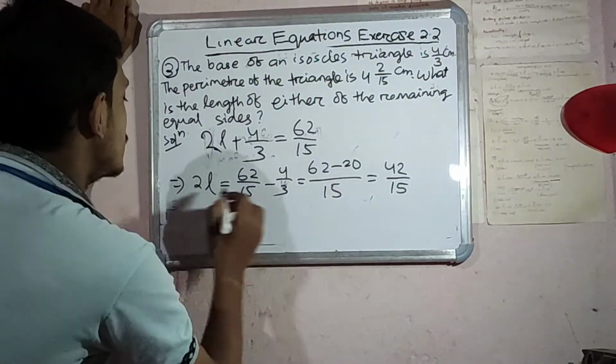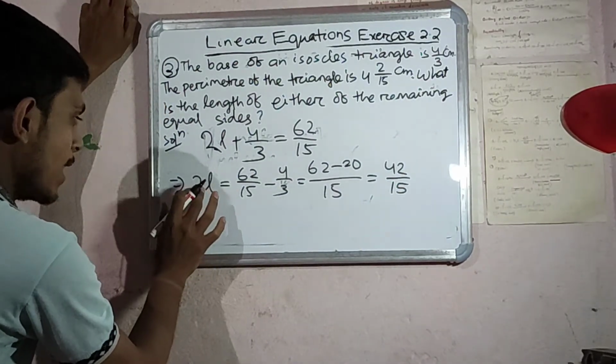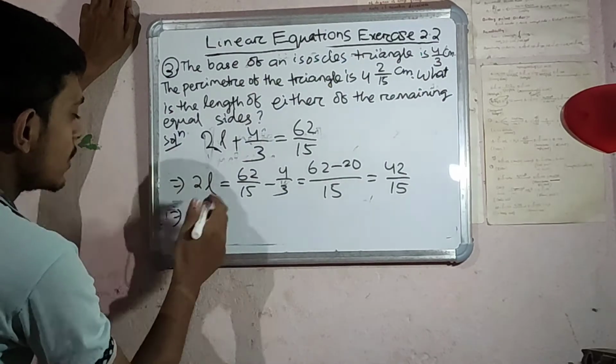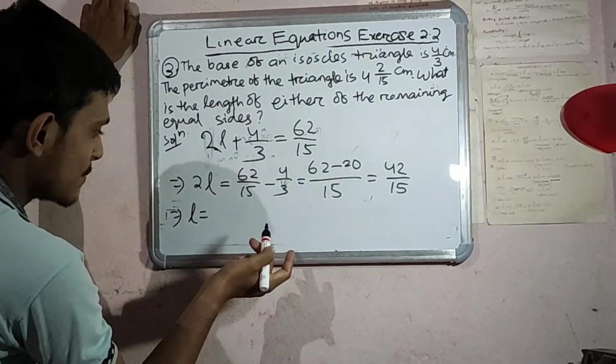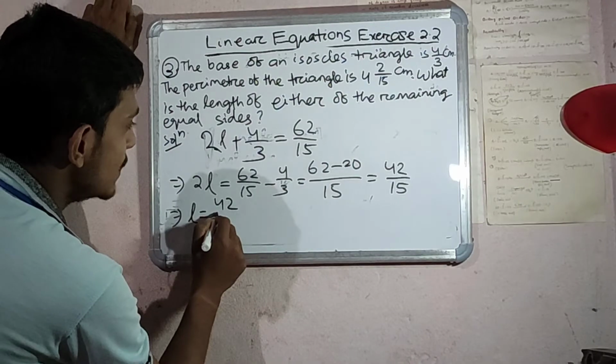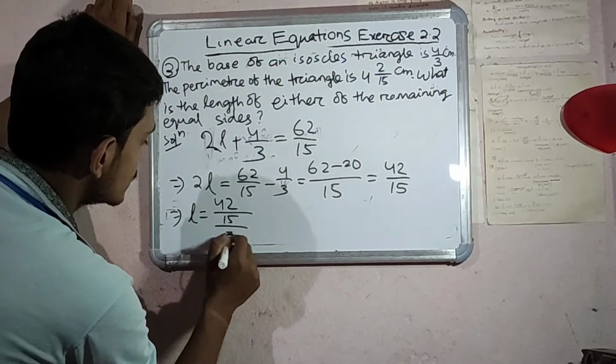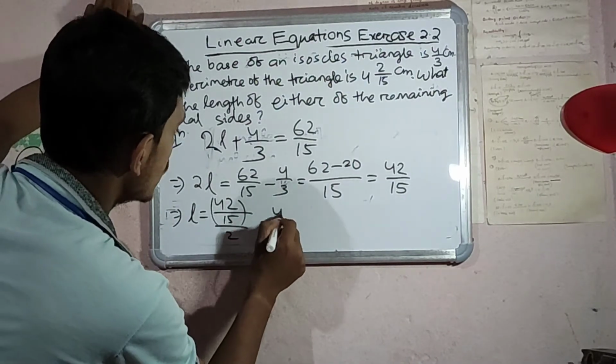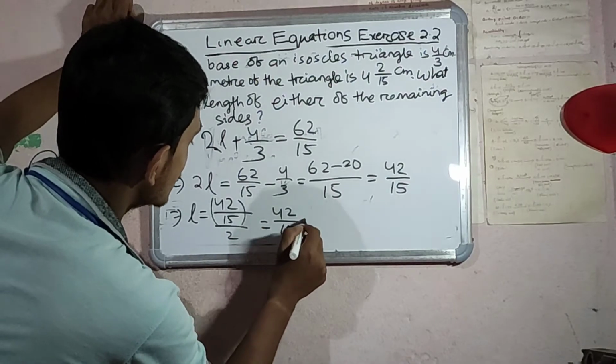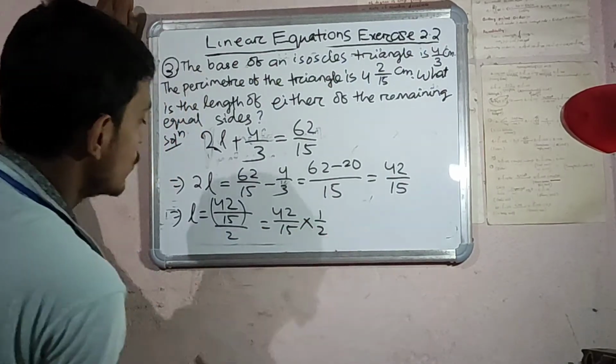So 2 is multiplied, so when it is transposed into the right hand side, it is divided. So 42 upon 15 is multiplied with 1 upon 2.